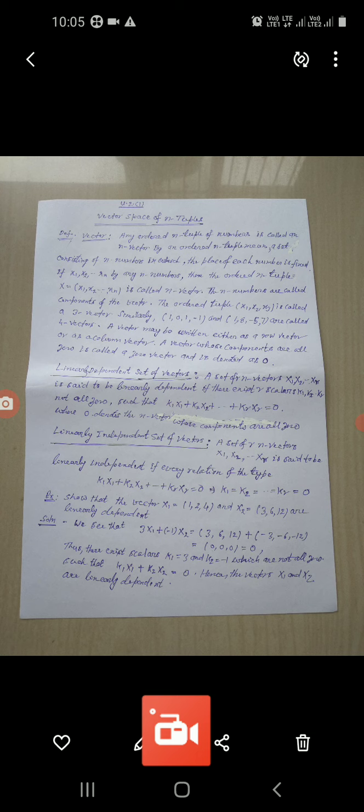Now we will discuss linearly dependent set of vectors and linearly independent set of vectors. Here is the definition.